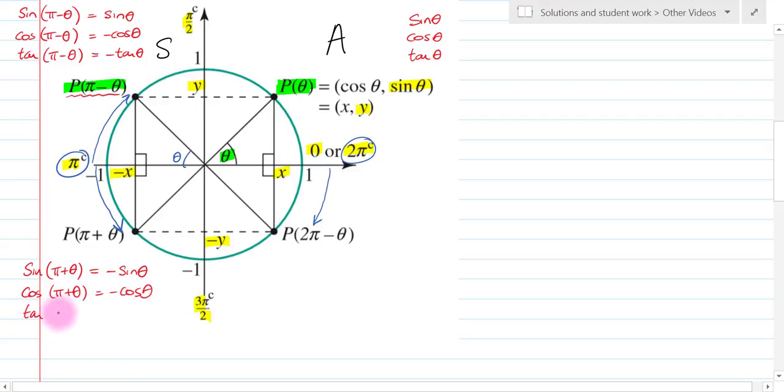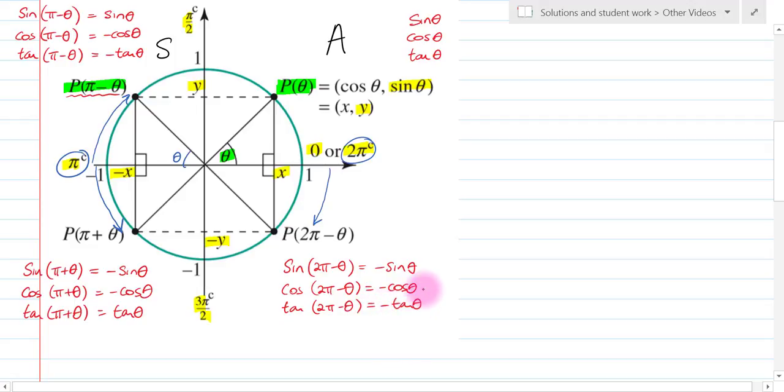And tan of pi plus theta is equal to tan theta, because that's positive in the third quadrant. And the same over here, sine of 2 pi minus theta is equal to negative sine of theta. Cos of 2 pi minus theta is equal to negative cos theta. And tan of 2 pi minus theta is equal to negative tan of theta.